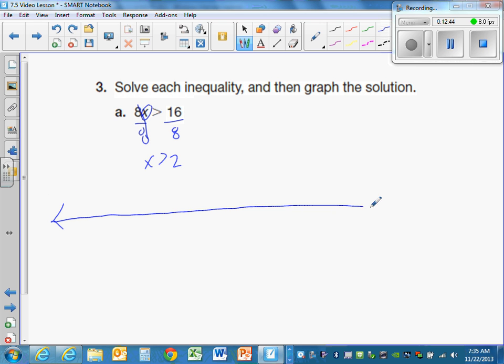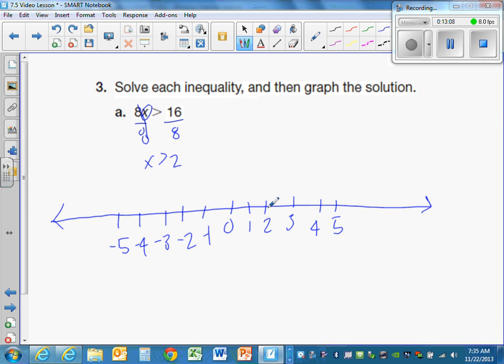I make my number line. 0, 1, 2, 3. Okay, so x is greater than 2. So I need to think to myself, well, here's 2.